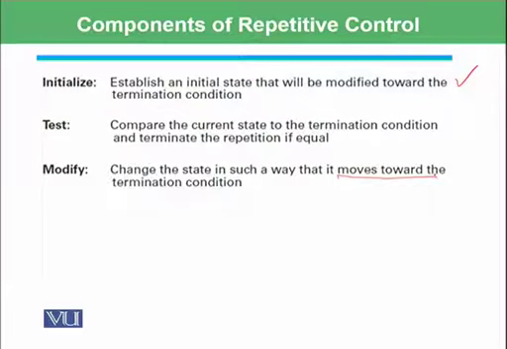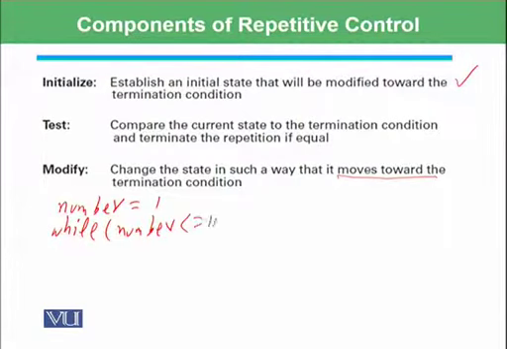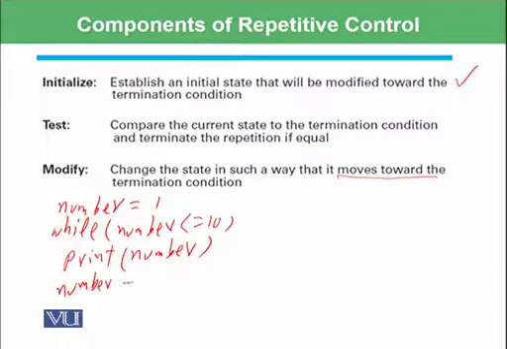So for example, when we write number is assigned 1 and while number is less than or equal to 10, print number, and number is assigned number plus 1.